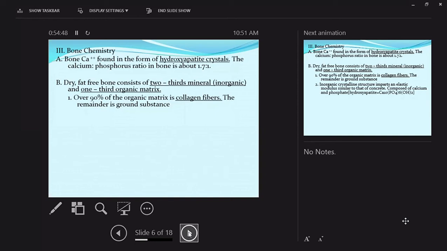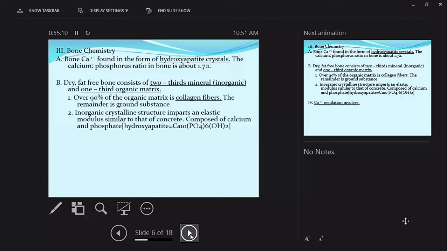because collagen synthesis is very much needed in bone formation. Now, over 90% of the organic matrix is collagen fibers. The remainder is ground substance. The inorganic crystalline structure imparts an elastic modulus similar to that of concrete.